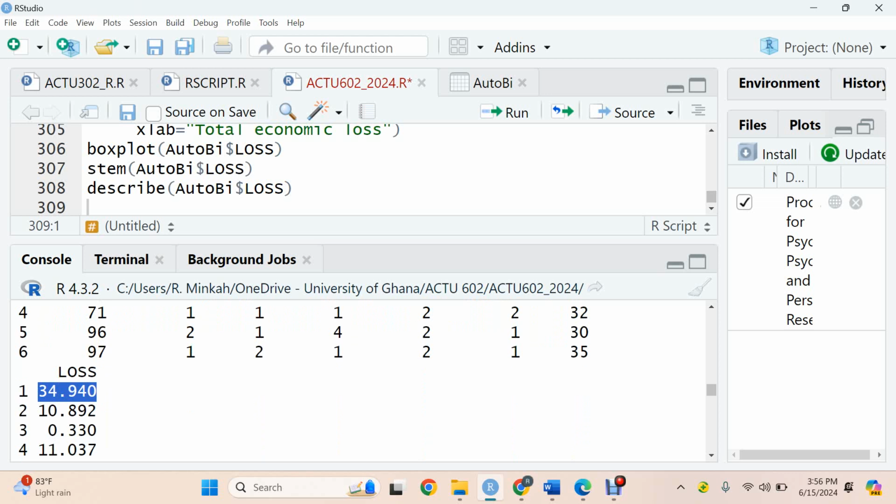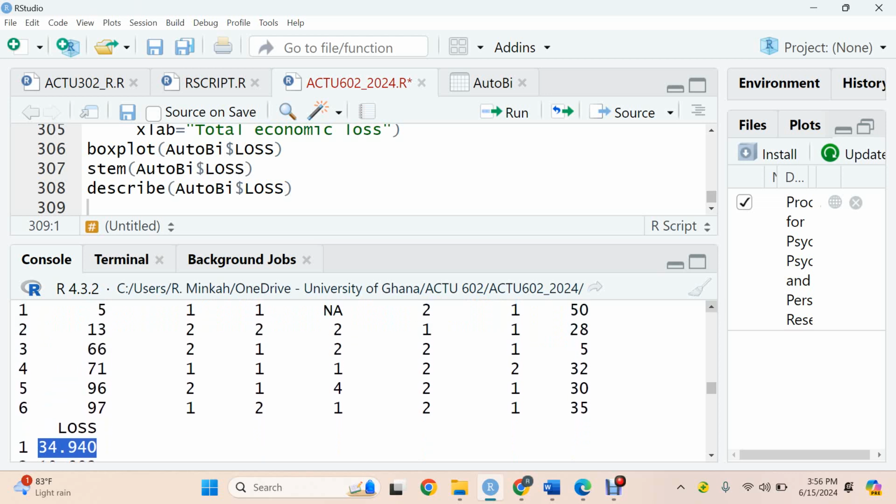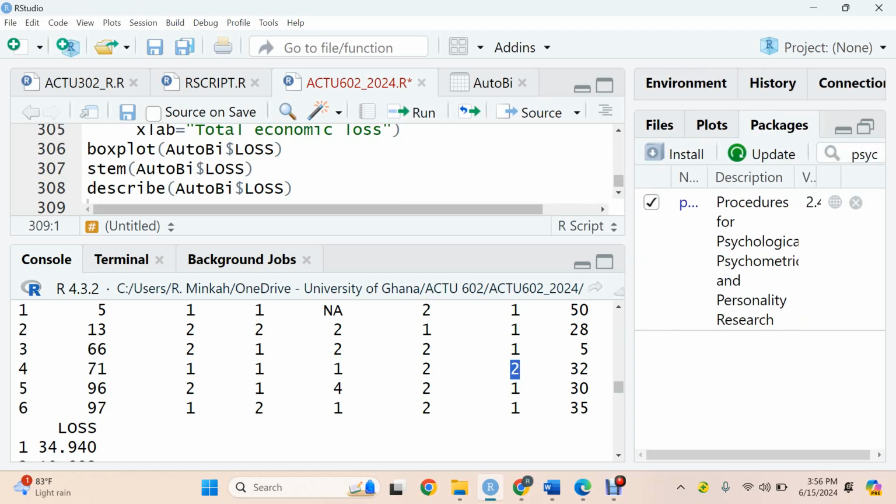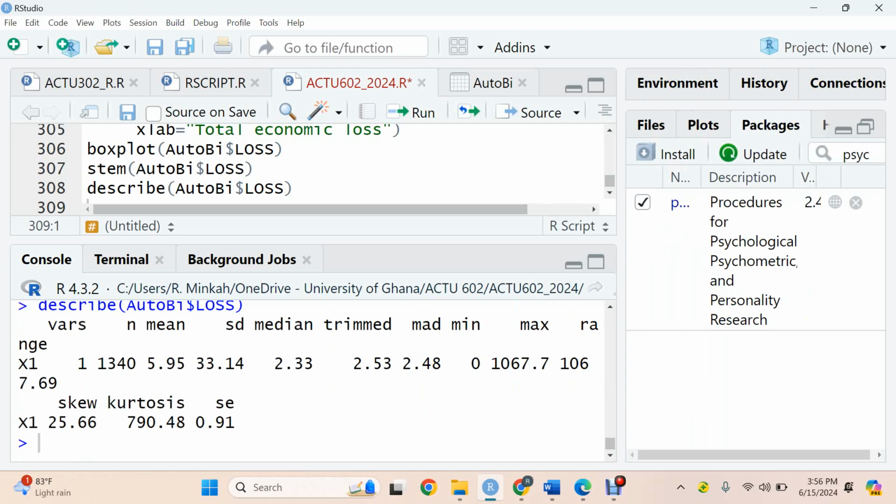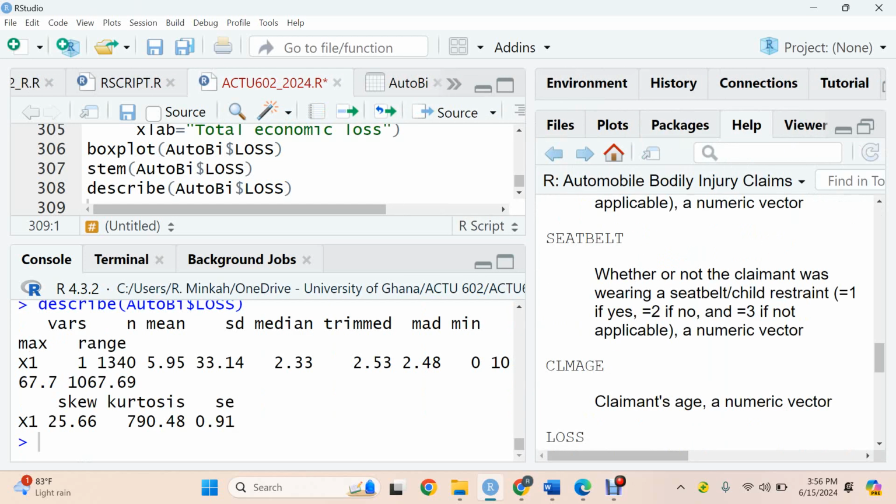Is that okay? Okay, when we go to the fourth person, that fourth person is in the seat belt category 2. And if you go to the help, you will see what that 2 is. What was the 2? I think no, not wearing or something.